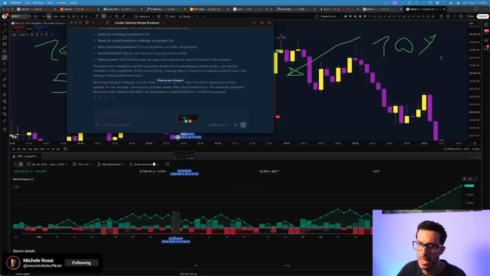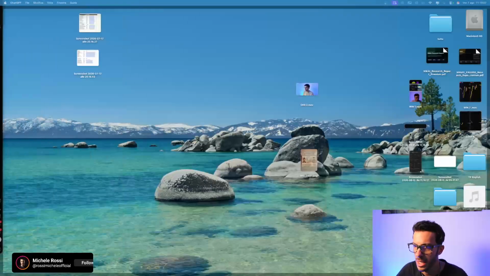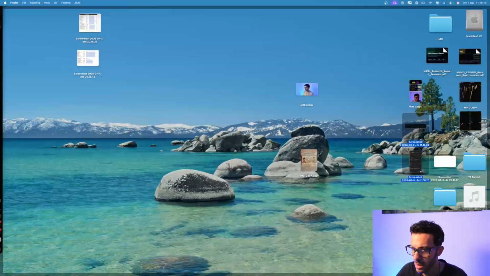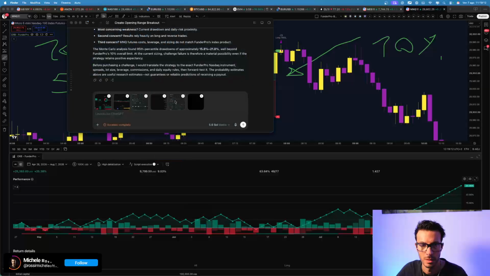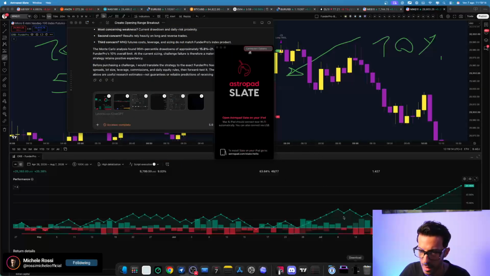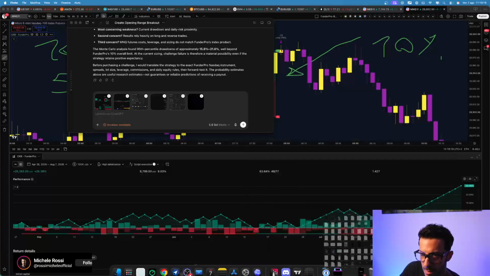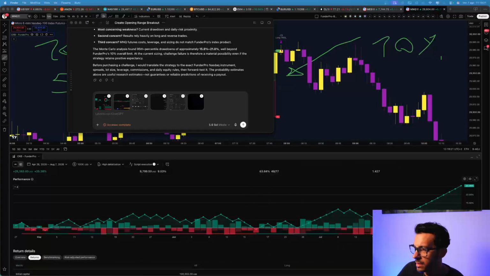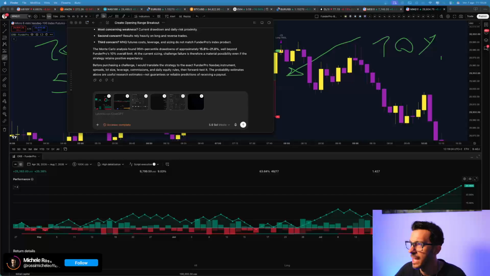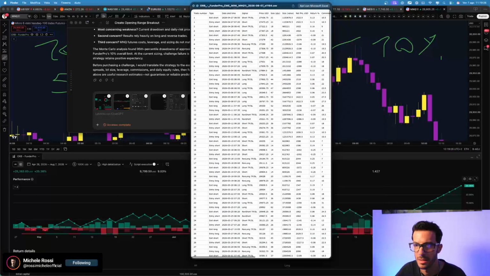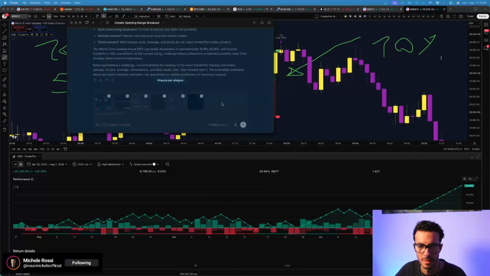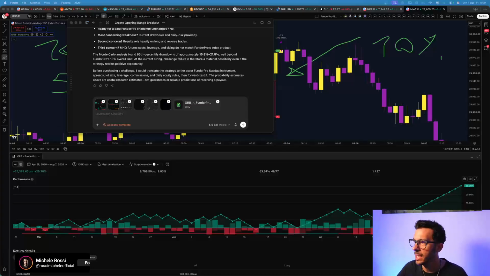Let's give it all the data. All the screens that we took. And the exported version, the exported CSV file. This guy right here with all the trades. There it is. Then we're gonna give Codex this exact prompt. Let me copy and paste. I prepared it.